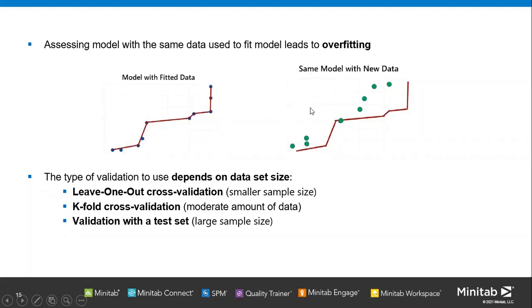With the same model but a new data set, you can see that the line is above or below the points and does not fit. As we know, to get high accuracy you need a fit on this data set, even for new data coming in. So this is why we need validation.